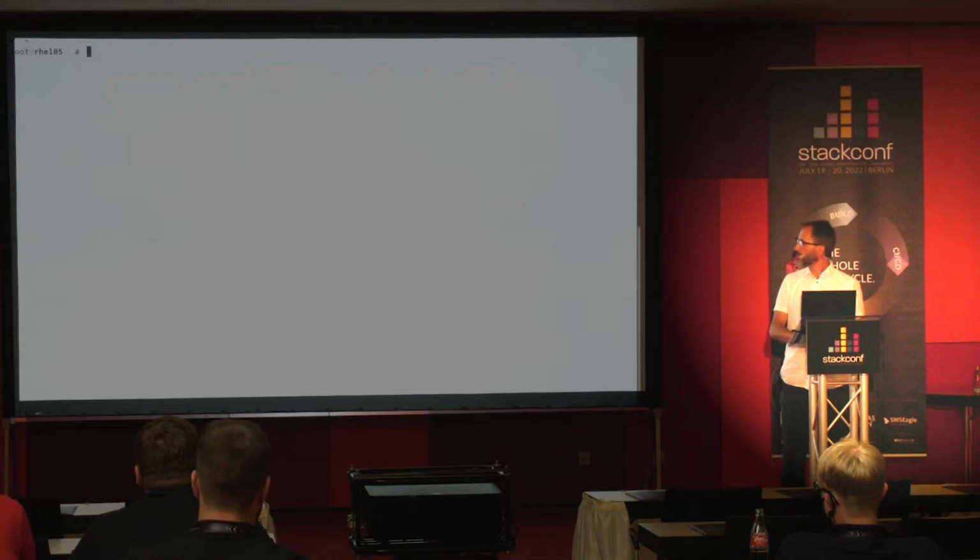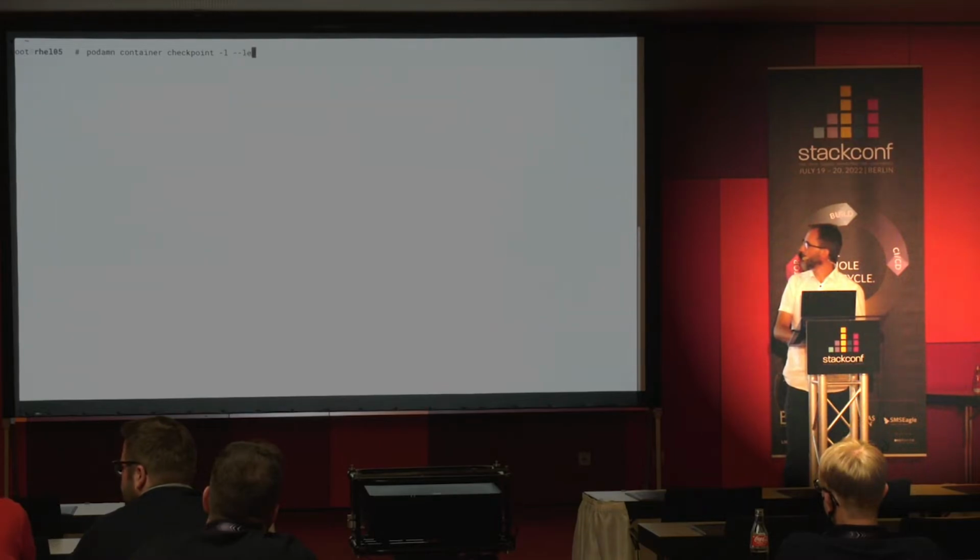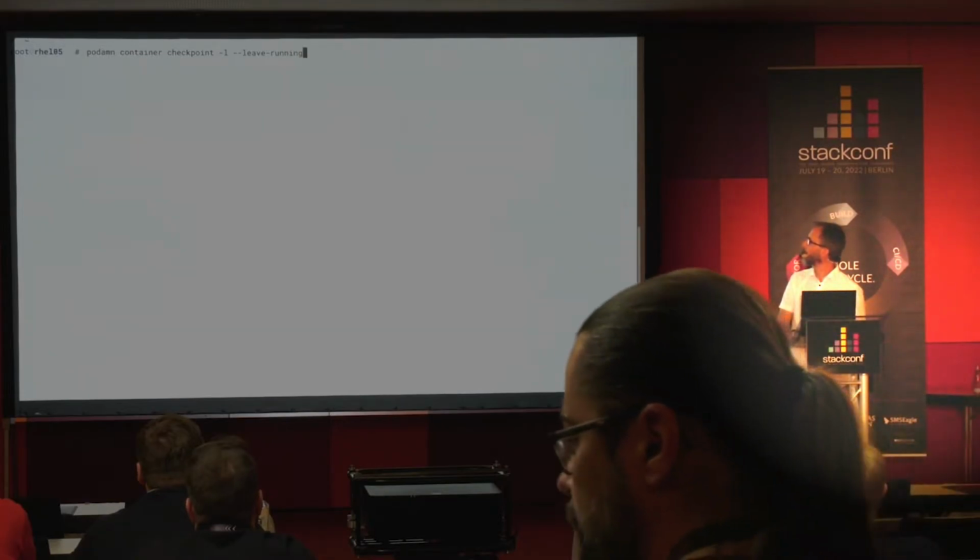So what I do now is I say podman container checkpoint, I say latest again, and then I say leave running because I don't want the original container to be stopped.